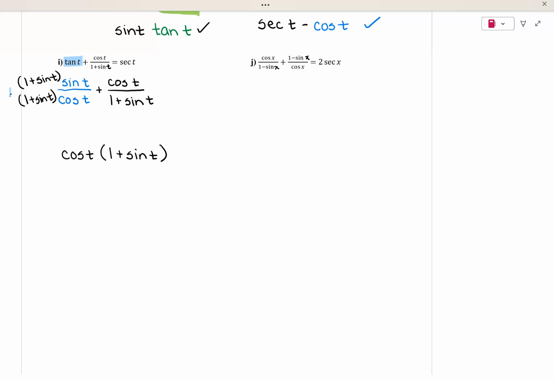So this is probably going to have a big fraction right here. So this would give us sine of t plus sine squared of t. It looks like this side is missing the cosine of t, so we're going to multiply by cosine of t. Cosine of t times cosine of t is cosine squared of t.